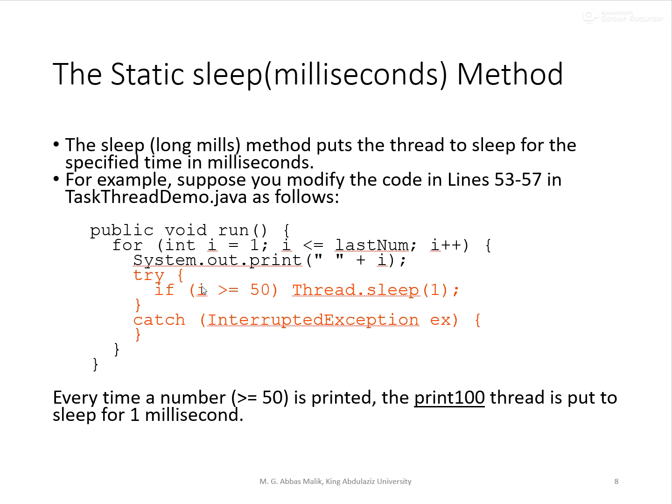In a try block, if i is greater than or equal to 50, meaning whenever you get to 50, you can call the sleep method with an argument of 1. The argument is the time period in milliseconds for which you want to give up the CPU. And this is done inside a try-catch block, because calling the sleep method can generate an InterruptedException. So Java might force you to put that inside a try-catch block.